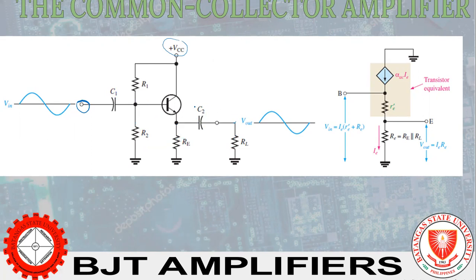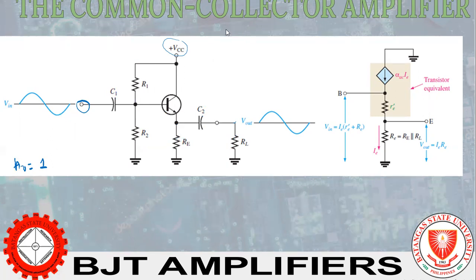So, meron na tayo. So, the voltage gain. So, yung voltage gain natin ito yung sa characteristic ng CC. So, yung voltage gain niya ay approximately equal to 1 or 1 natin siya. And its main advantages are its high input resistance and current gain.